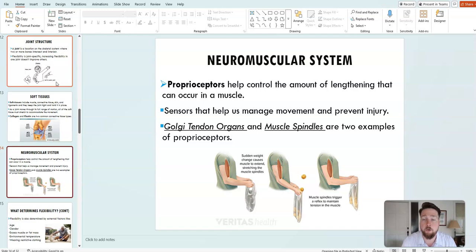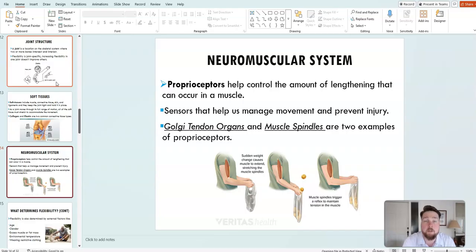And then can't forget about the neuromuscular system. So the main thing with the neuromuscular system, you got what's known as proprioceptors, and they're within your soft tissues, and they help control the movements, the amount of lengthening that occurs in those soft tissues. So I know that I cannot do a split.